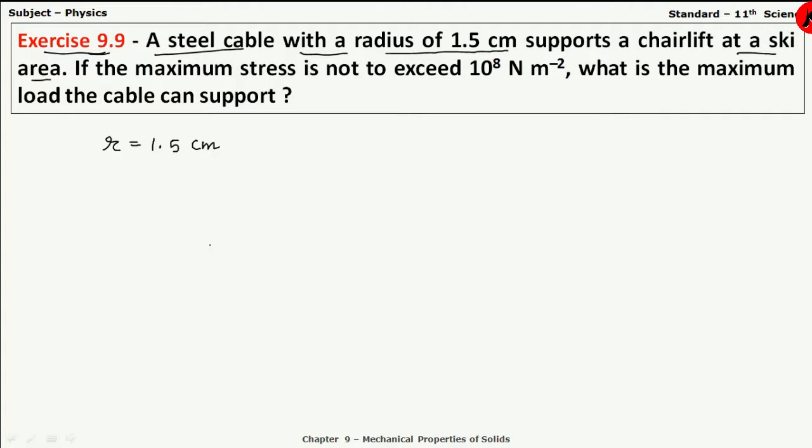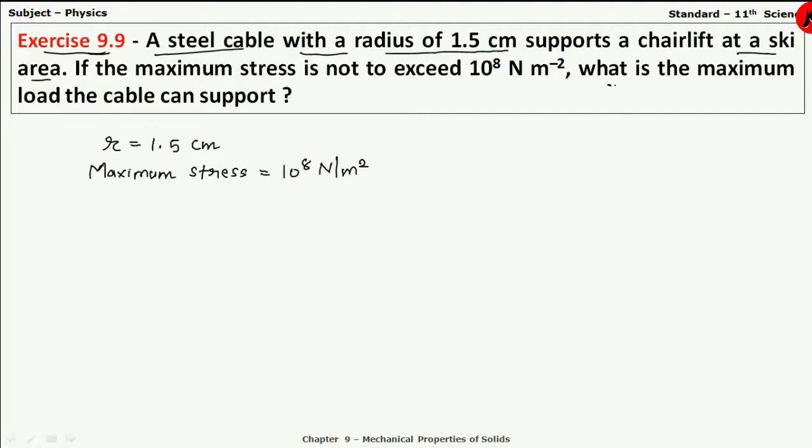Right. If the maximum stress is not to exceed 10⁸ Newton per meter square. So maximum stress is given. Maximum stress which is 10⁸ Newton per meter square.